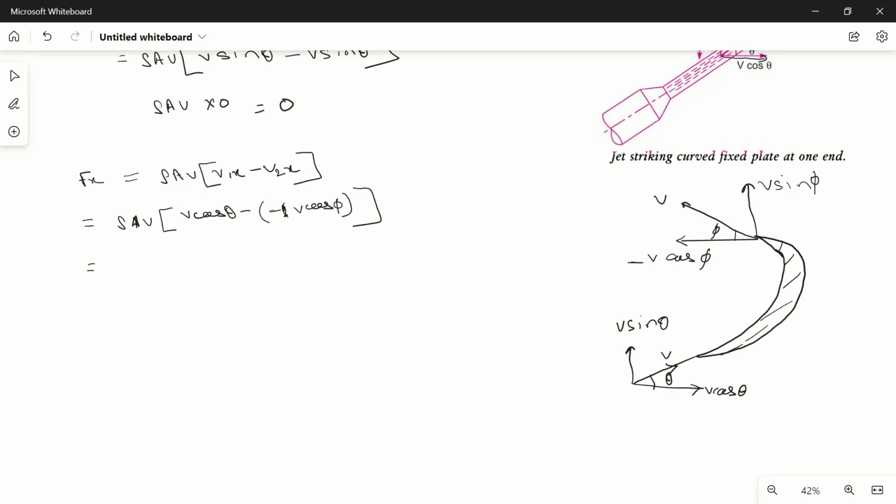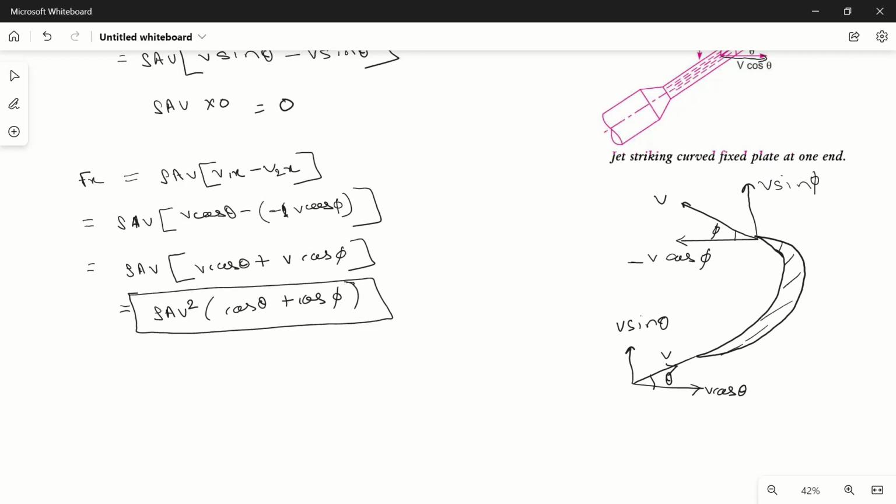So it will be rho A V times (v cos theta plus v cos phi). We can take v common: rho A V square (cos theta plus cos phi). This will be the force exerted along the x direction by a jet striking tangentially on an unsymmetrical plate.